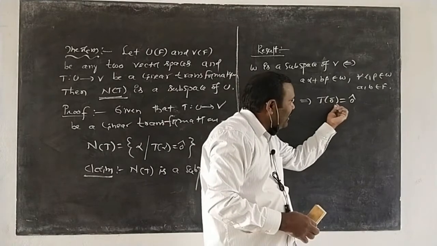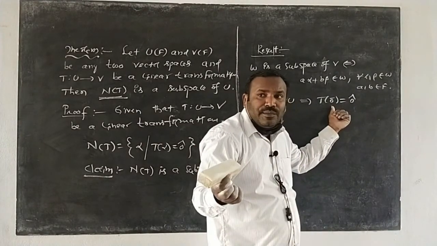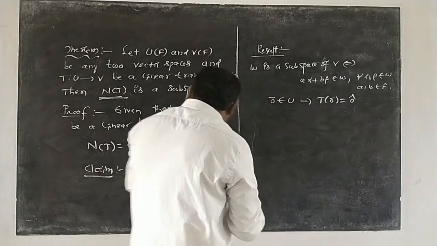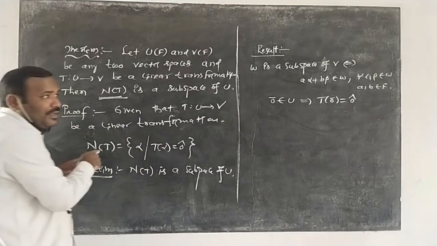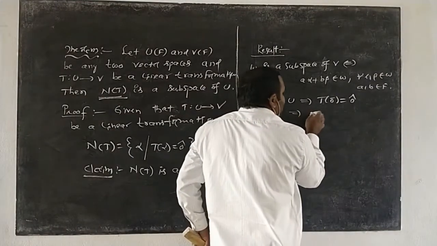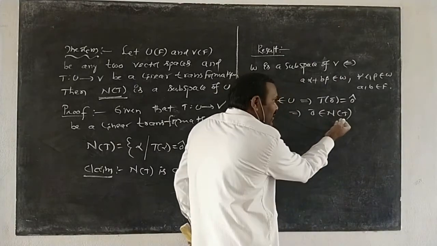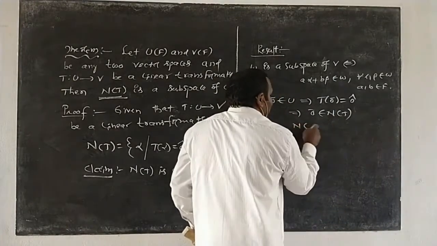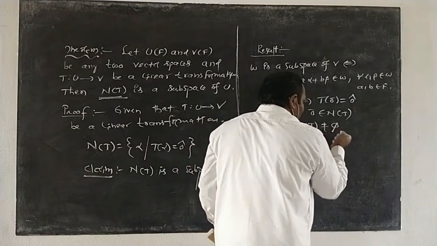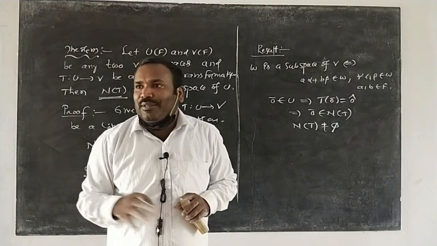If T of alpha equals 0 cap, then alpha belongs to N of t. So this implies 0 bar belongs to N of t. So there exists at least one element in N of t. That means N of t is non-empty. Make sure that N of t is non-empty before you prove the theorem.